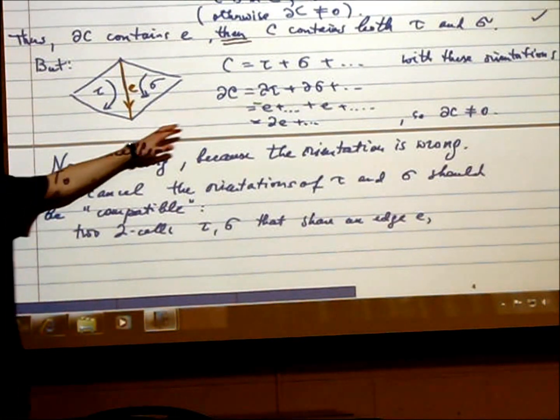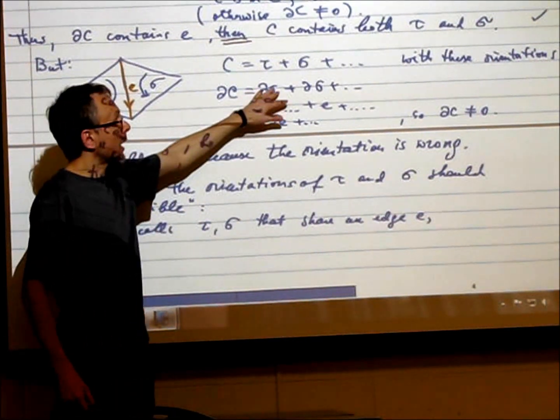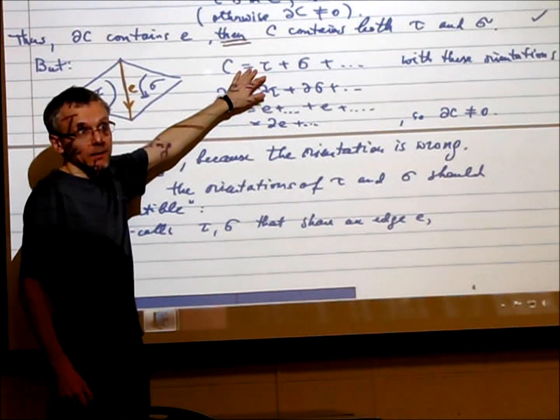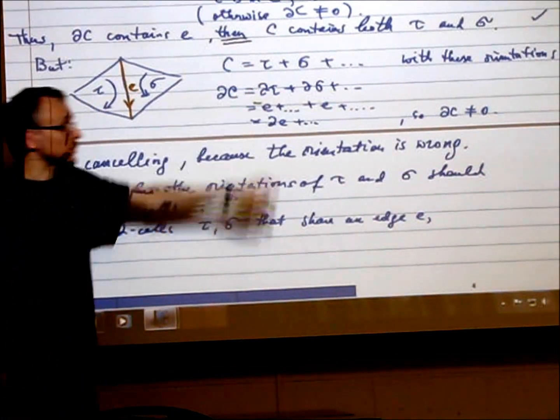We're talking about in which way tau and sigma should appear in C. That's what we're talking about.